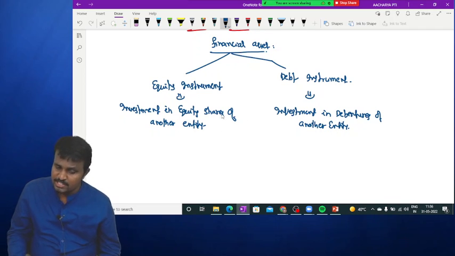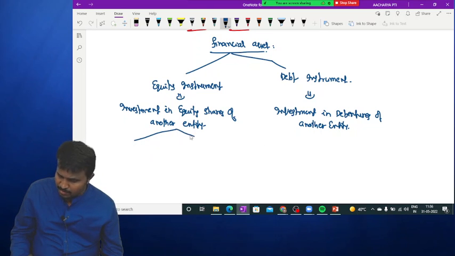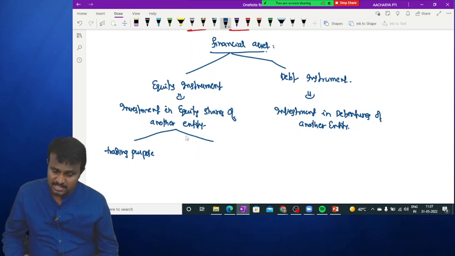Then first we discuss the equity instrument. Generally equity shares of another company are purchased for two purposes. Those are purchased for trading purpose, I hope you guys know about the trading of shares, or for holding purpose.